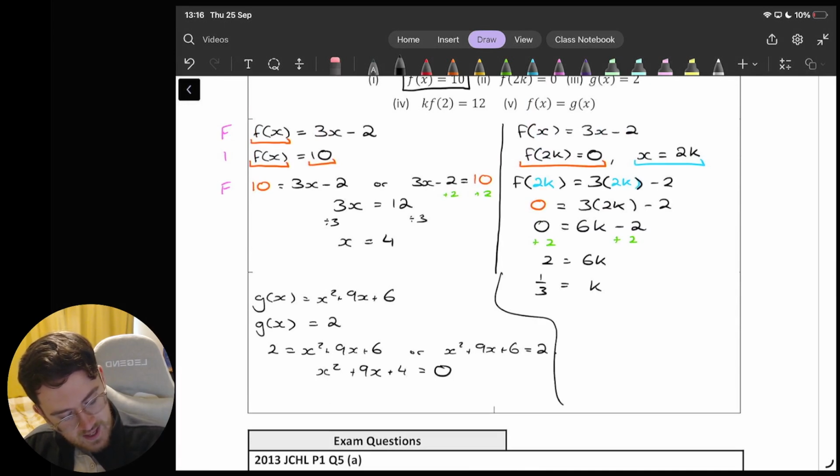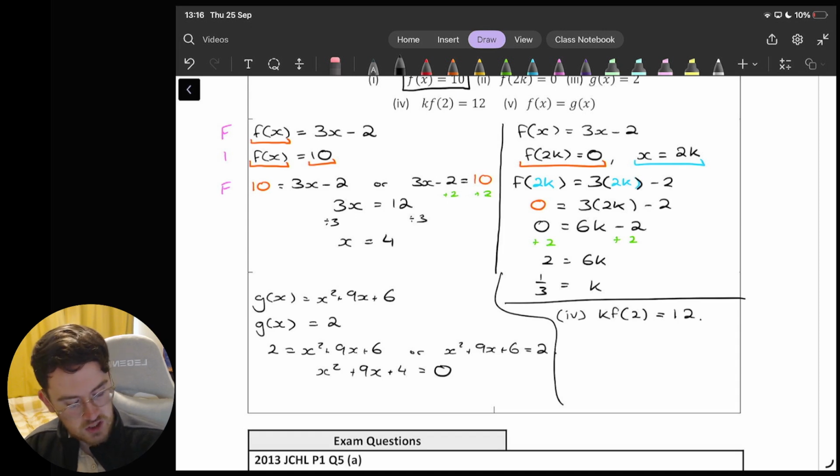Okay, k times f of 2 is equal to 12. Okay, so we're given loads of information here. So first thing is we're told that x equals 2, and we're told that k times f of 2 equals 12. So let's have a look.